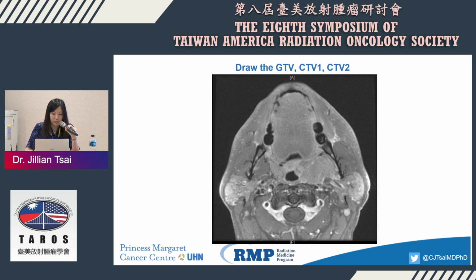So that's the same approach, whether they're involved or uninvolved, levels 2 through 5 and RP. At Princess Margaret, they still treat level 1B bilaterally, which I find to be very toxic. So we are reviewing our regimens right now to make sure that we are sparing level 1B, especially for nasopharynx. So that's one difference.